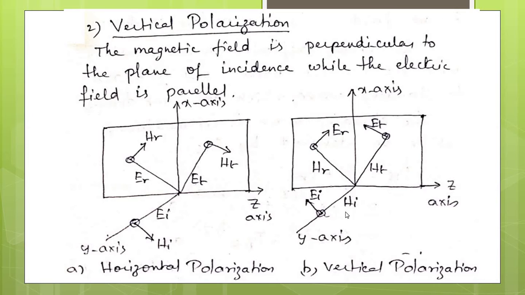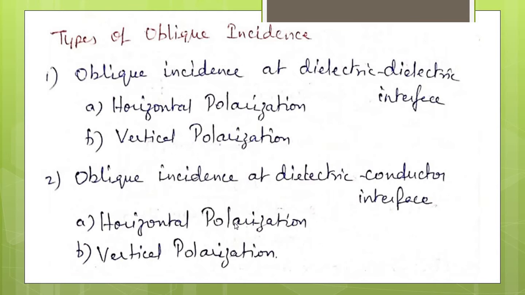For vertical polarization, both EI and HI get interchanged. This is the direction of HI, this is the direction of HR and this is HT, whereas this is ET, ER and EI. As you can see from the diagram, the wave is progressing along the z-axis. This is the x-axis. The EI component is along the y-axis. So these are the two types of oblique incidence.